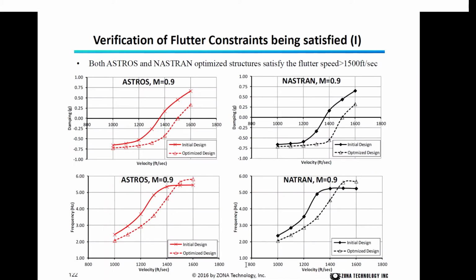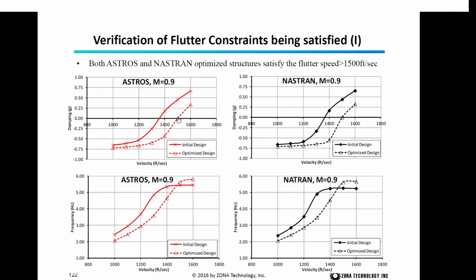However, then we want to validate that the throttle constraints are satisfied. This is the ASTROS baseline, and this is the optimized solution. This is the damping and frequency.